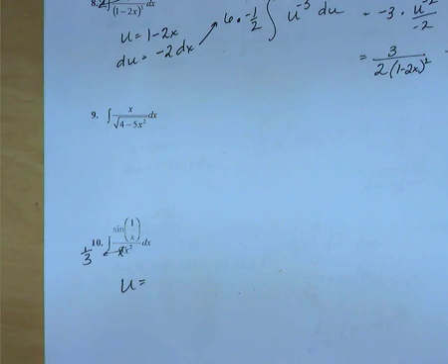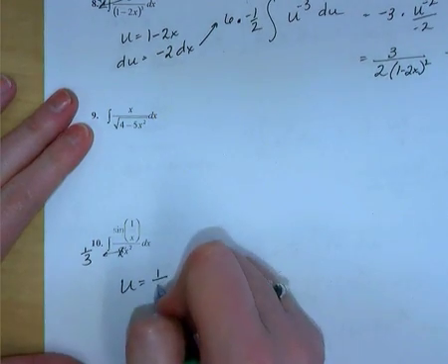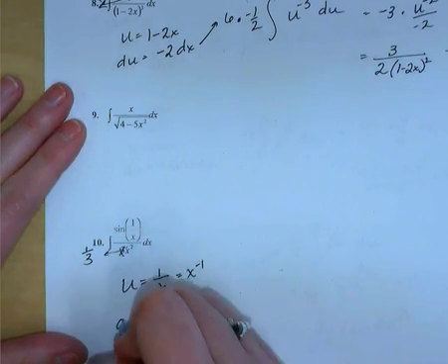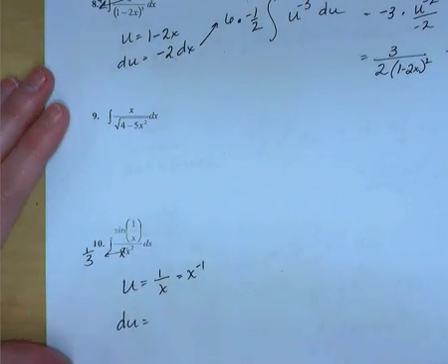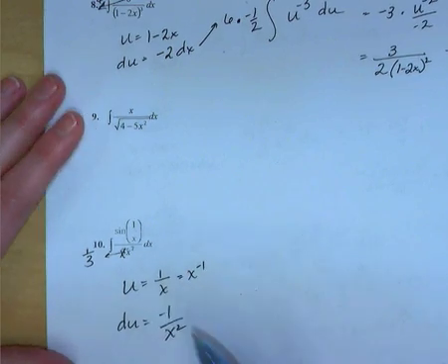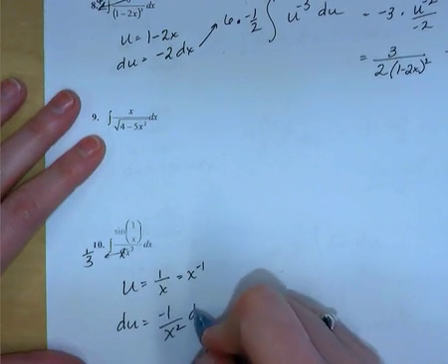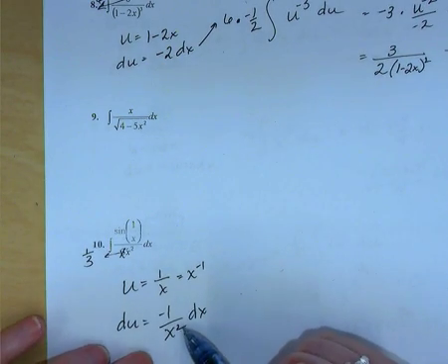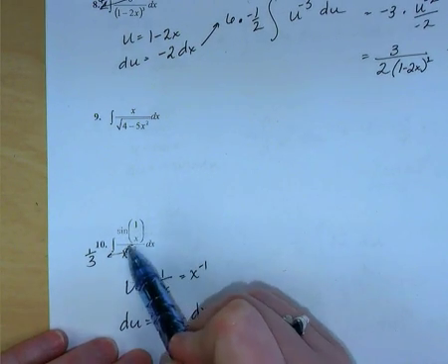Now, if I let u equal 1 over x, if you recall, that's x to the negative 1. Then the derivative is negative 1 times x to the negative 2, which is just negative 1 over x squared dx. Now what you need to do is ask, do you have a spare x squared in a denominator?